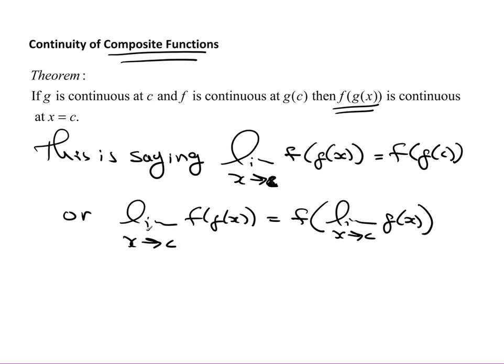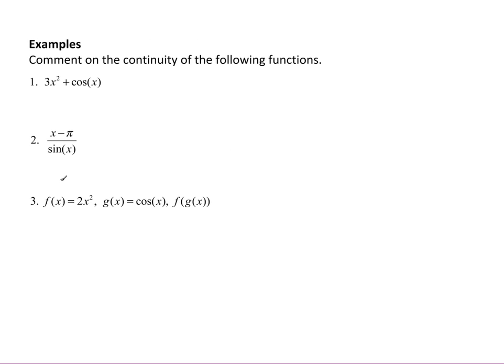So these are saying the same thing. This probably will make a little more sense when we jump in and work out a couple of examples. So let's take a look at this.